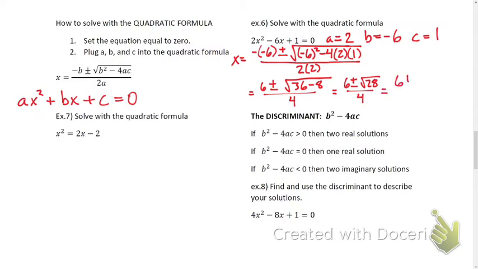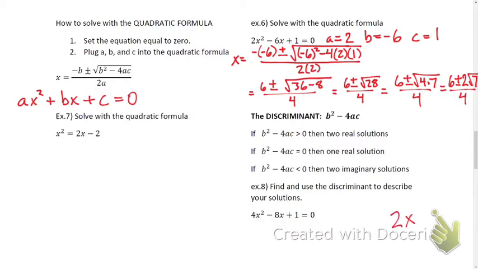So we're going to go plus or minus the square root of 4 times 7. That turns into 2 square roots of 7. The 6, the 2, and the 4, those are all divisible by 4. Remember that square root of 7? It's kind of like this.